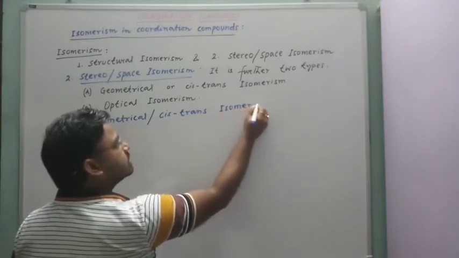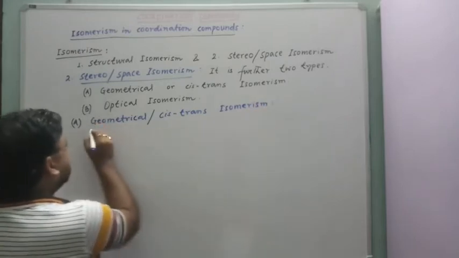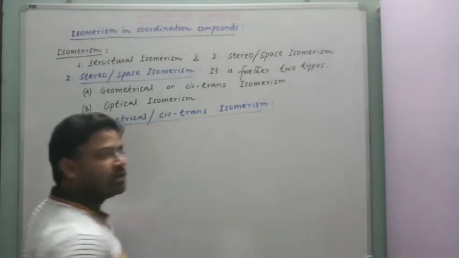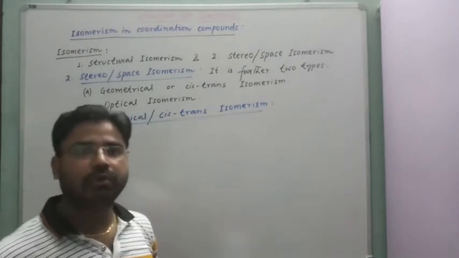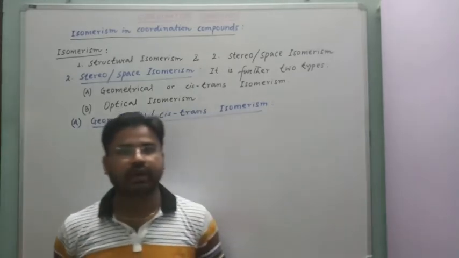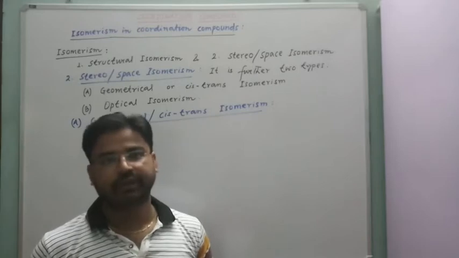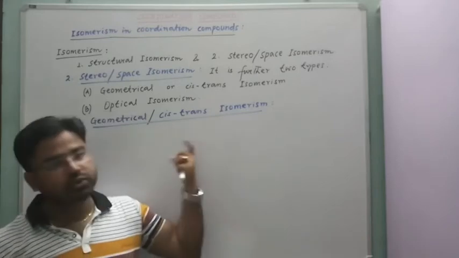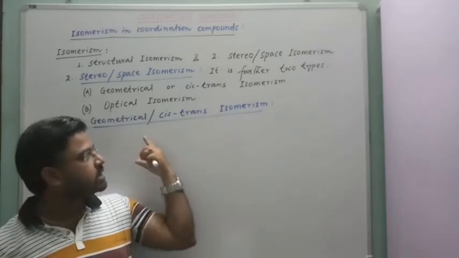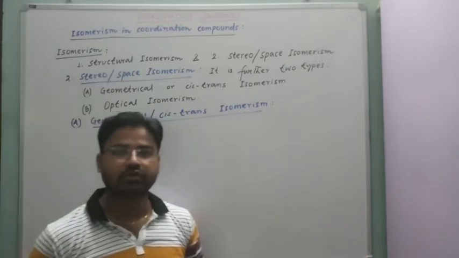Cis-trans isomerism. So this type of isomerism is not shown by those compounds which have coordination number 2 and 3. So with coordination number 2 and 3, the complexes do not show geometrical isomers.